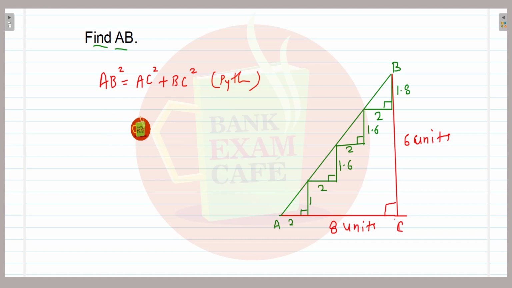AC square, that is 8 square, will be 64, and 6 square will be 36, and so 64 plus 36 will be 100. So AB square is equal to 100. Taking the square root of both sides, AB will be square root of 100, that is 10 units, and therefore the distance AB is equal to 10 units.